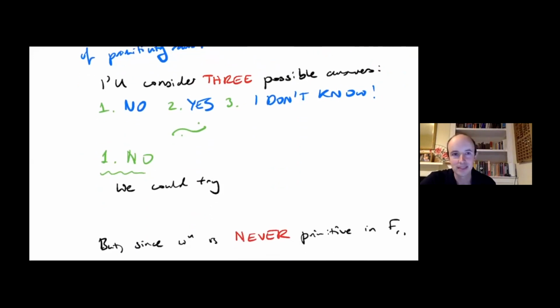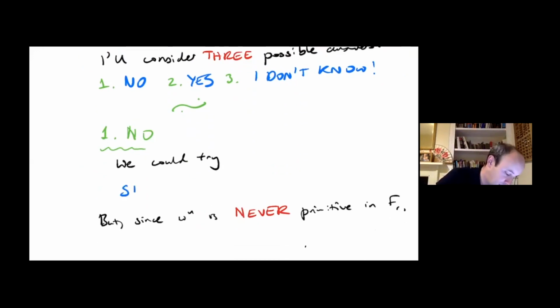Well, we could try just to make a definition which looks exactly like the definition that we had for commutator length. I want to call whatever stable primitivity rank is, S pi, just like stable commutator length is SCL.